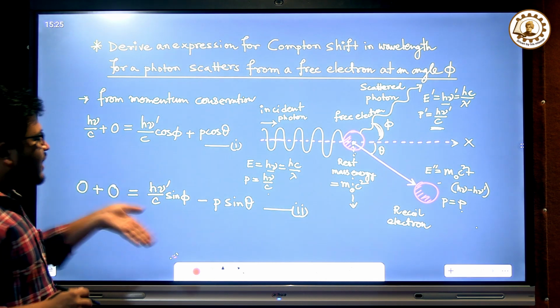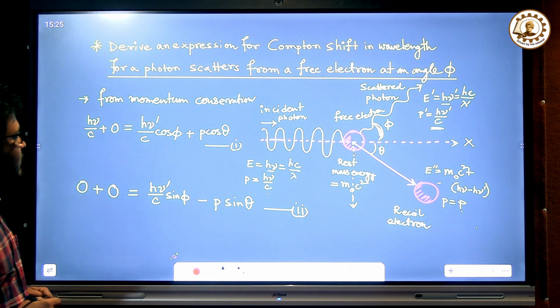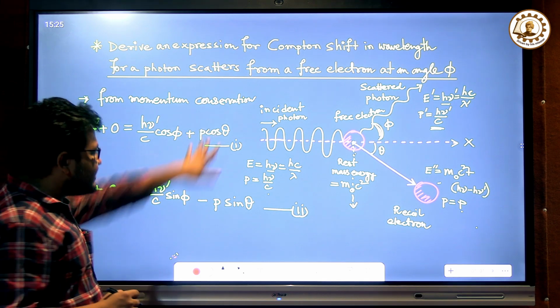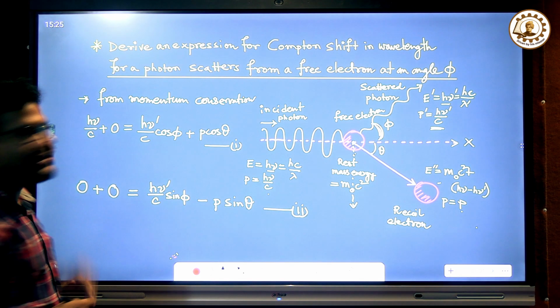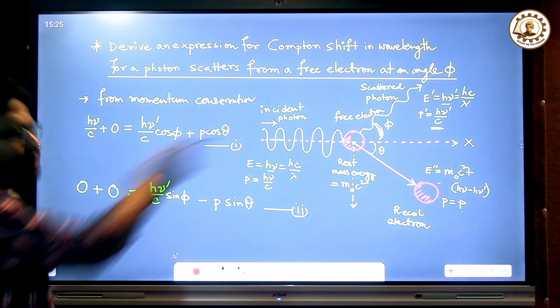Now from equation number 1 and equation number 2, we can keep p cos theta and p sin theta on the left hand side and the rest of the terms on the right hand side.